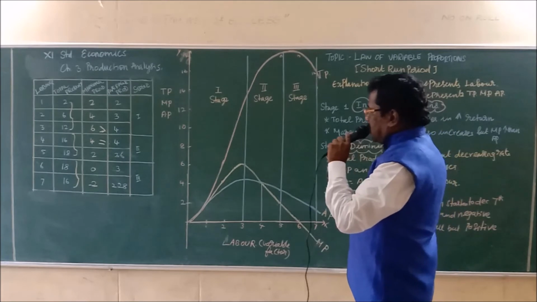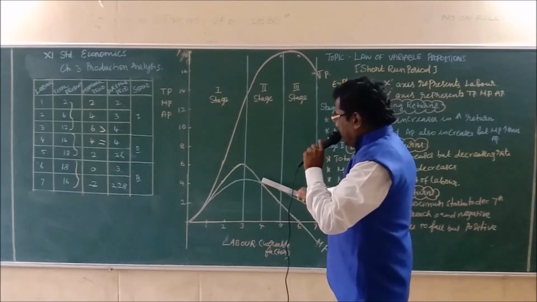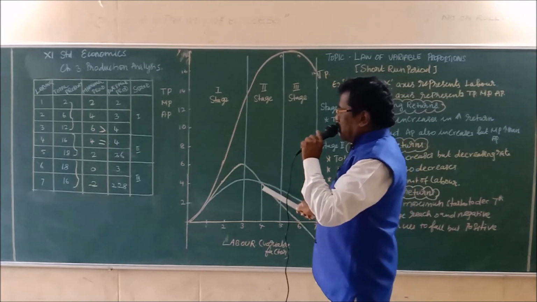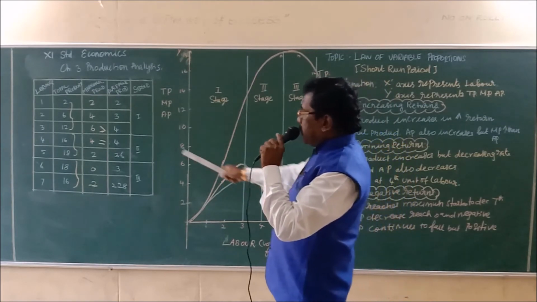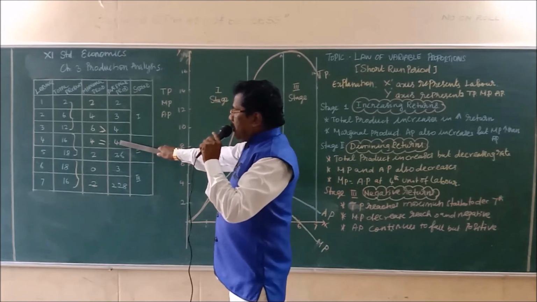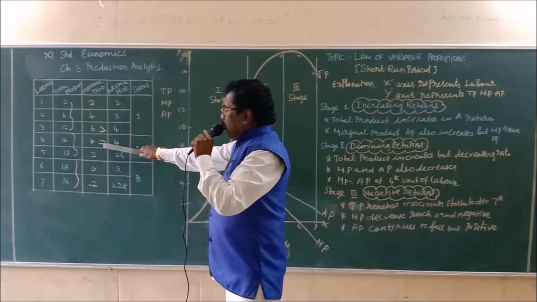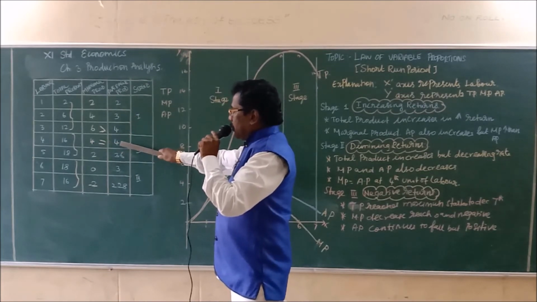One important thing: the marginal product curve as well as the average production curve intersect at the 4th unit. You see the table value at the 4th unit of labor: the marginal product is 4, and the average product is also 4.